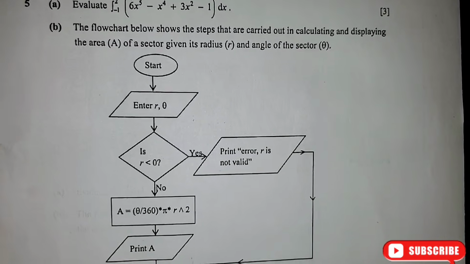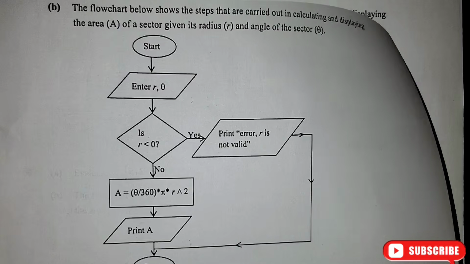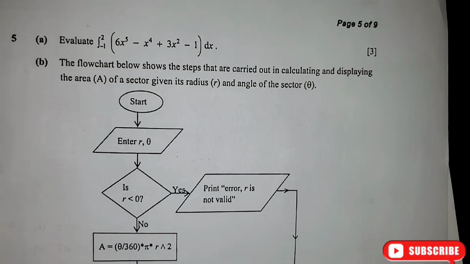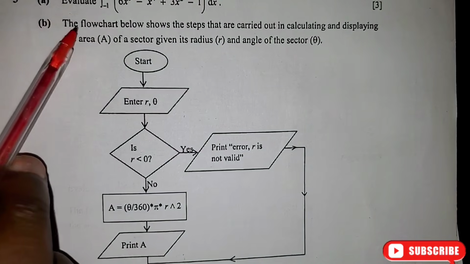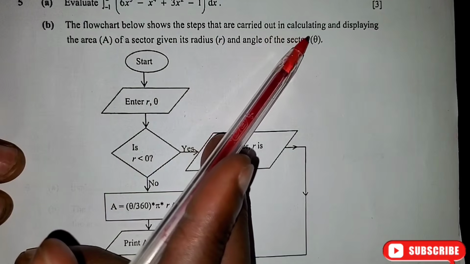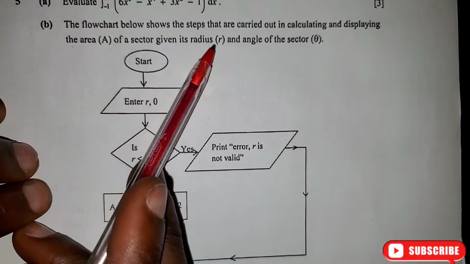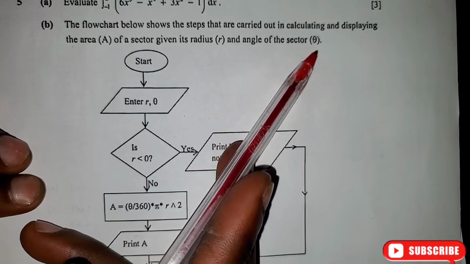Okay, so we can go to question 5b. So question 5b is saying the flowchart below shows the steps that are carried out in calculating and displaying the area of a sector given its radius r and angle of the sector theta.